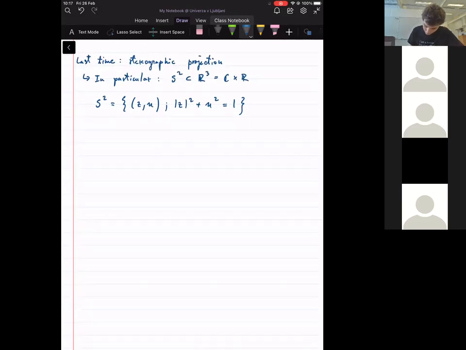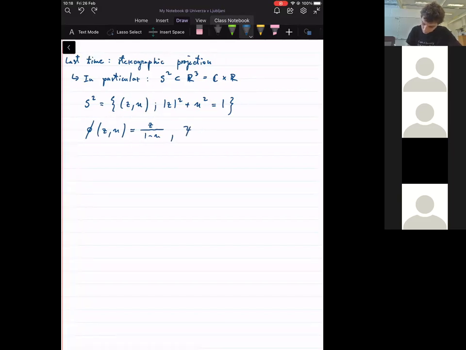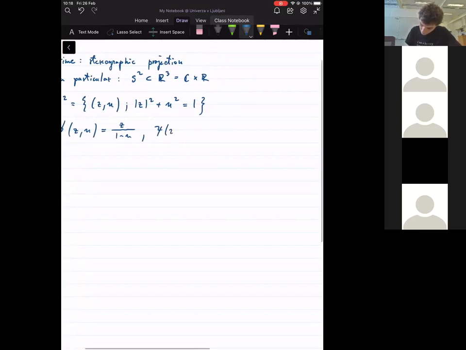Okay, so in the case of the two-sphere, we may define two local charts. This is now the stereographic projection. One is phi of z, u equal to z over 1 minus u, and the other is psi of z, u equal to z over 1 plus u.